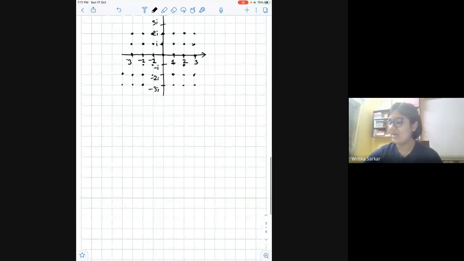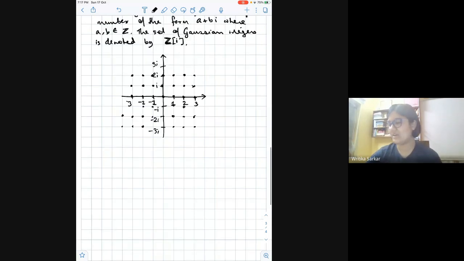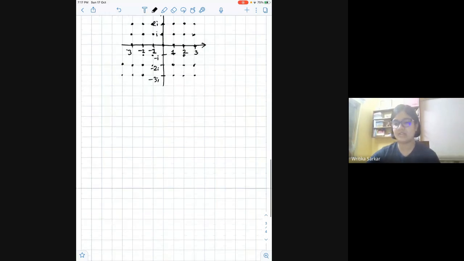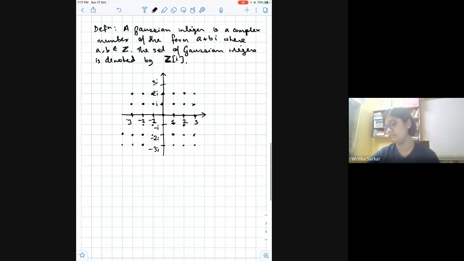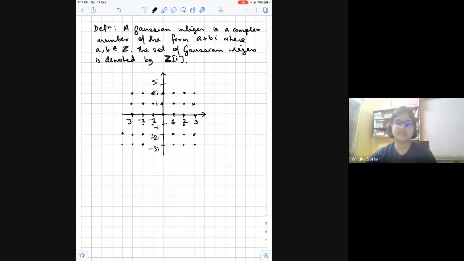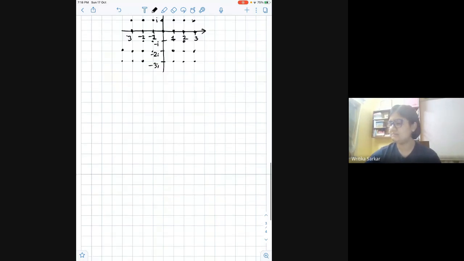So this is what the definition of a Gaussian integer is, but just with the definition, we can't do much. We have to develop a theory, or at least since these are very much related to integers, we expect that some of the more common properties of integers would carry over to the Gaussian integers in some different form maybe.